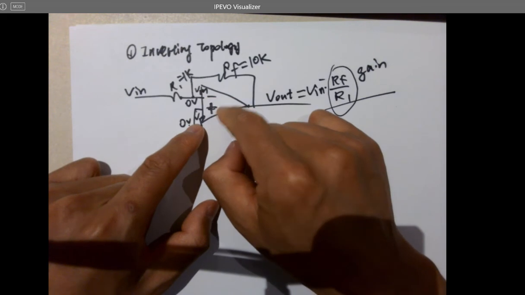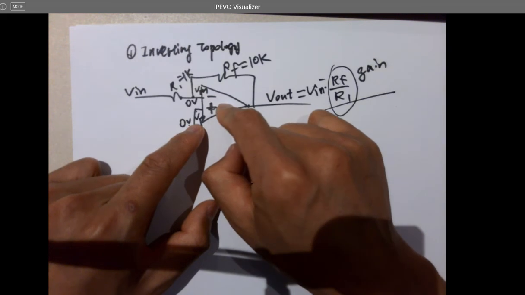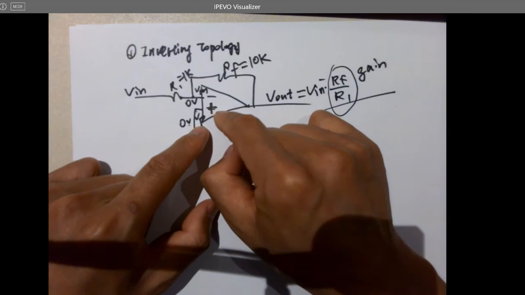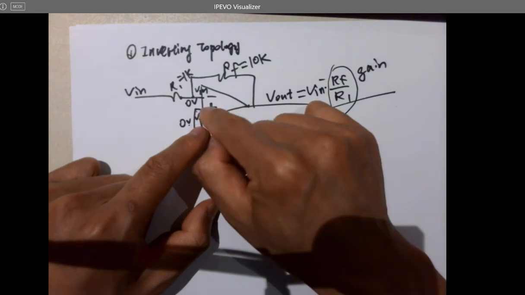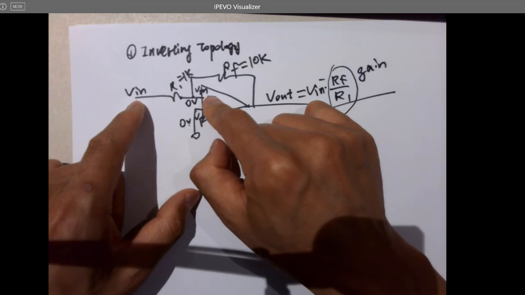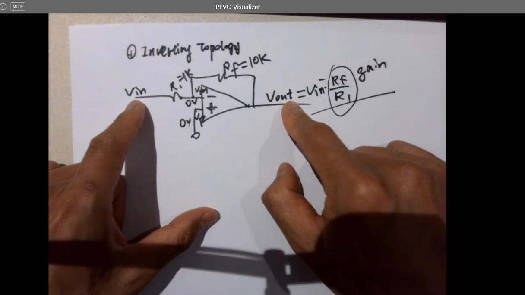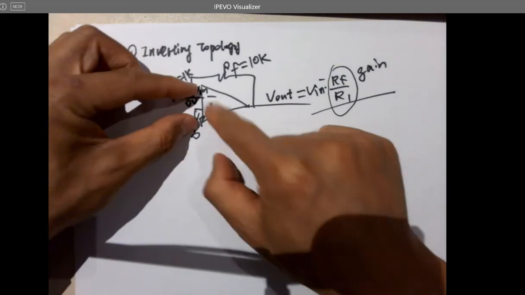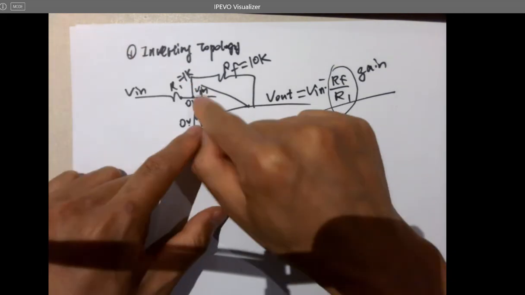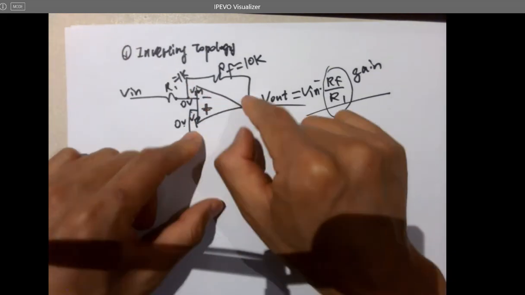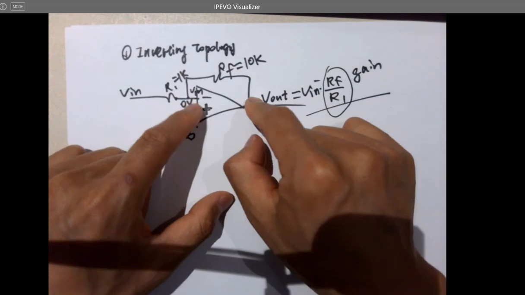This OpAmp is still the OpAmp, still amplifying like millions of times the difference of two terminals. And now VIN is not VM anymore, keep in mind. VIN is here. And we are talking about the voltage gain, which is VIN and VL, not VM, not the difference between these two and VL. Okay, so these are considered as equal because of the feedback, and it has to be negative feedback.